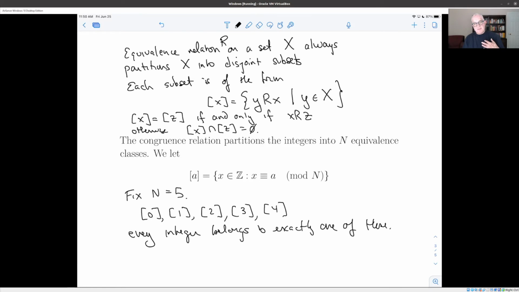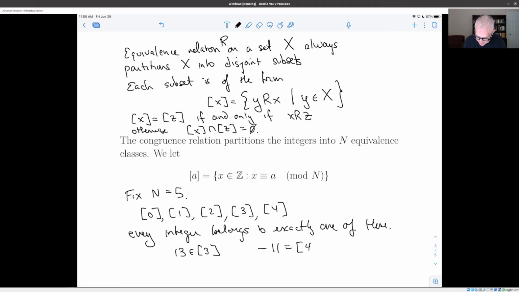So that's just a fancy way of saying that you can only be congruent to exactly one number, if you're working mod 5, between 0 and 4 inclusive. So you're always congruent to your remainder. So for instance, 13 is in the class 3, and negative 11 is in the class 4.